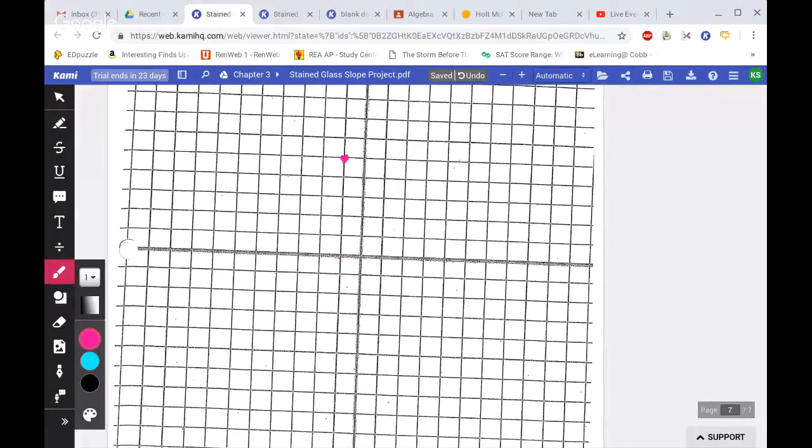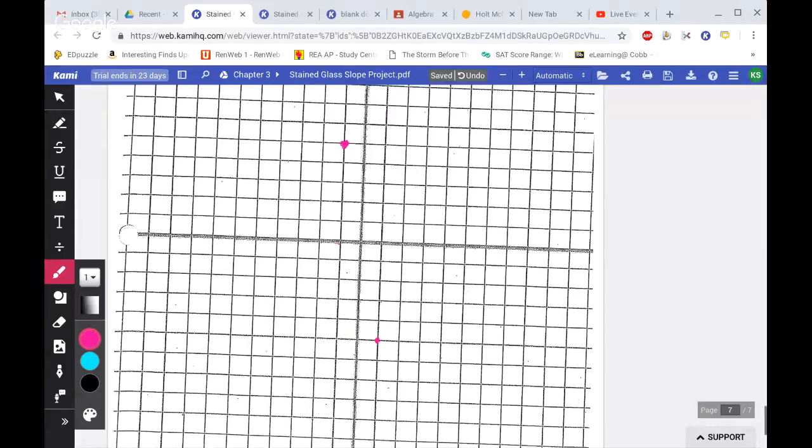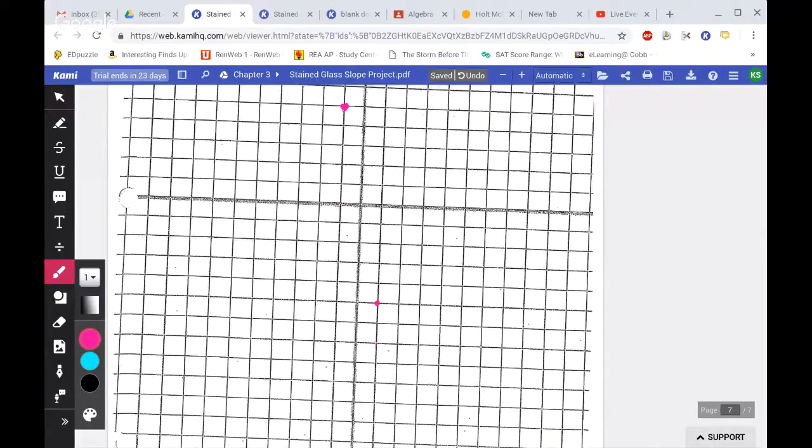And then we're going to do 1, negative 5. So over 1 and down 5. 1, 2, 3, 4, 5. And then over 2 and down 10. 1, 2, 3, 4, 5, 6, 7, 8, 9, 10. So there's my 3 points.